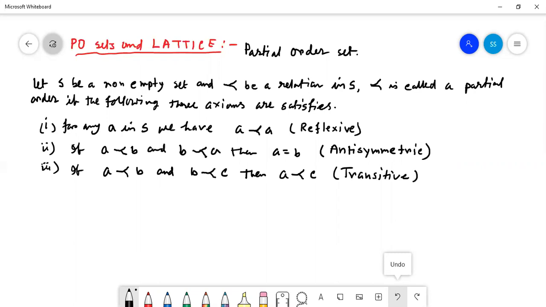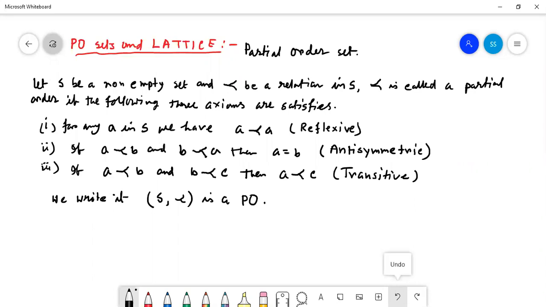If the relation is reflexive, antisymmetric and transitive, then we can say that S with this relation is a partial order set. We write it like that: S comma this relation is a PO. PO means partial order set. This is the definition of our partial order set.